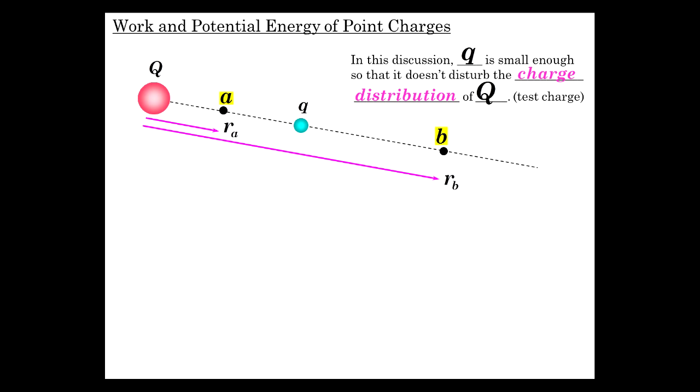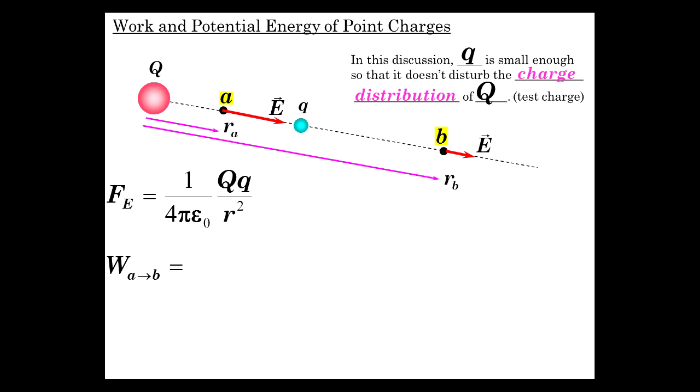All right. Now, there is an electric field at A and an electric field at B. It's an inverse square law, so at B it's a lot smaller. The electric force from two charges, as we've already learned, is kQq over r squared.